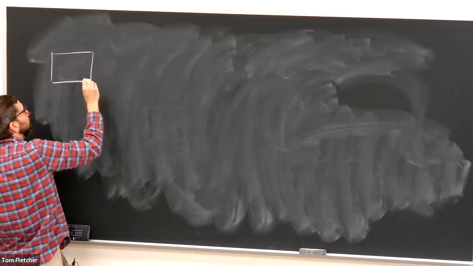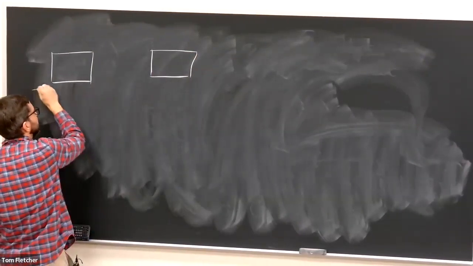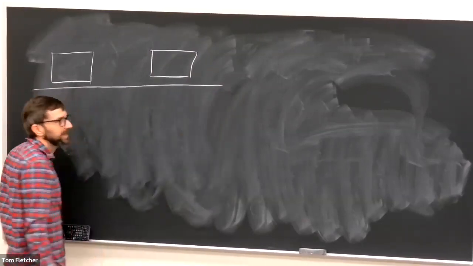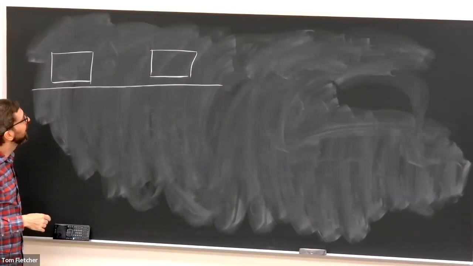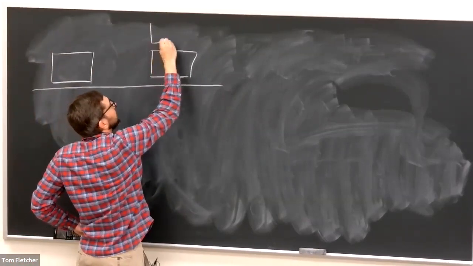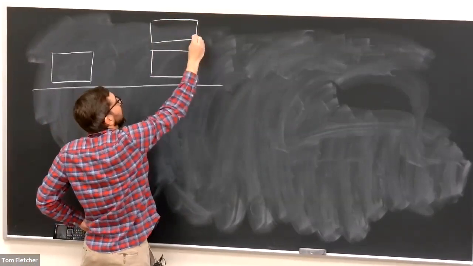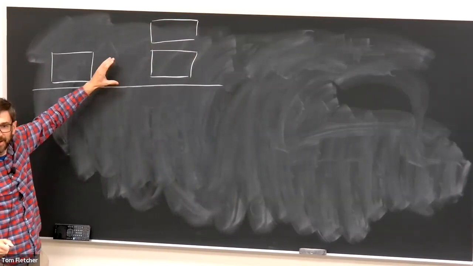The parallel parking. If I have a street, and I'm drawing cars as boxes, this is the curb, let's say. We're looking at the street from above, and I come along in my car. As a good parallel parker, I pass the spot, and now I want to back into this parking spot.